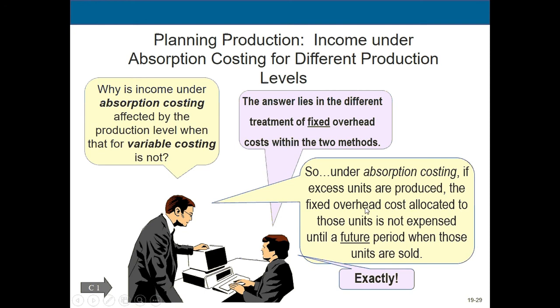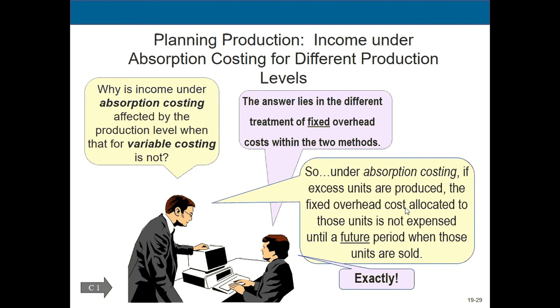Here's the thing. The fixed overhead cost that gets stuck in those units, that $10 per unit that made up the $200,000 under one method, it gets stuck in inventory, and it's really as simple as that. That's kind of hard to grasp conceptually until you start to work with the numbers.